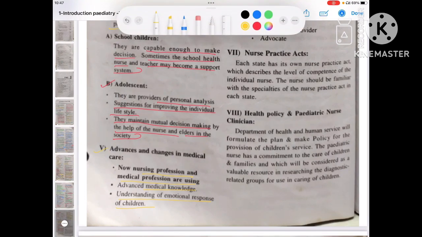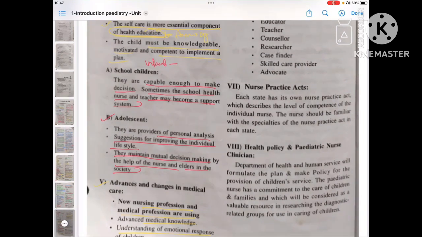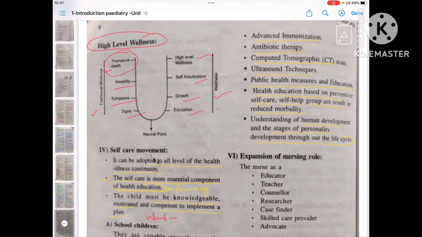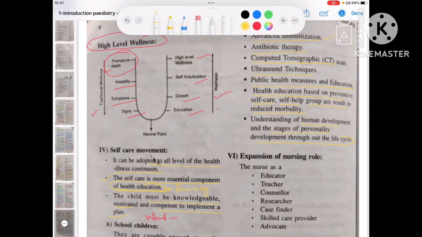So nowadays they are giving medical knowledge, understanding the emotional response of the children, and they provide immunization. At birth, within 9 days, the baby has to get the BCG vaccine in the deltoid region.